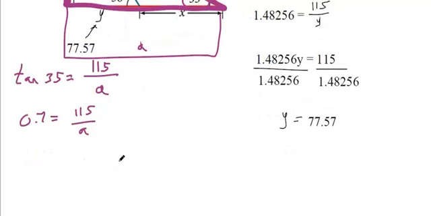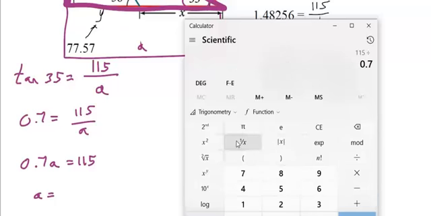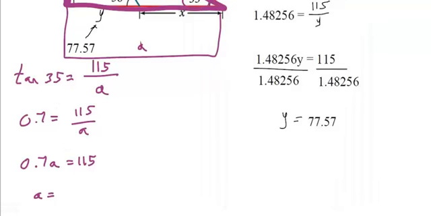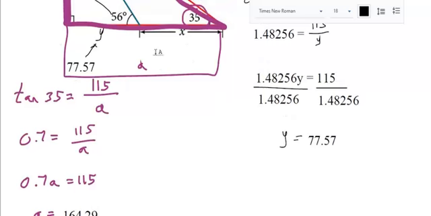Trying to get A by itself, so let's multiply A to both sides. Then we need to divide 0.7 from both sides, because that's multiplying right now. So if you divide 115 by 0.7, you get 164.29 when we round to the nearest decimal. Okay, so that's the big side down here.